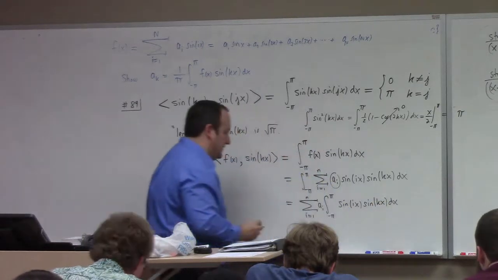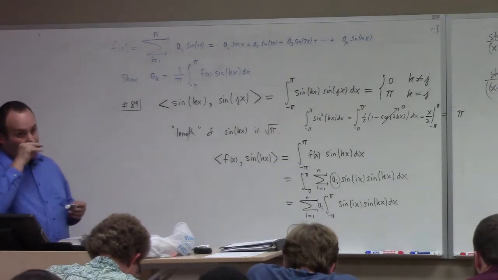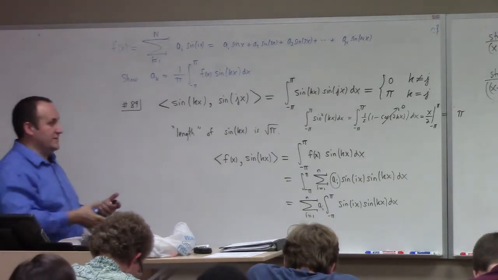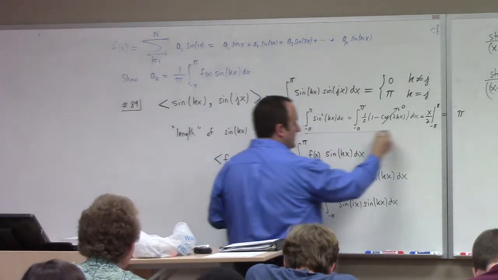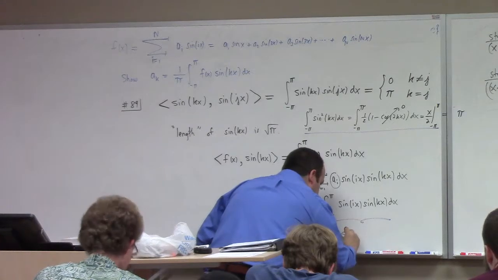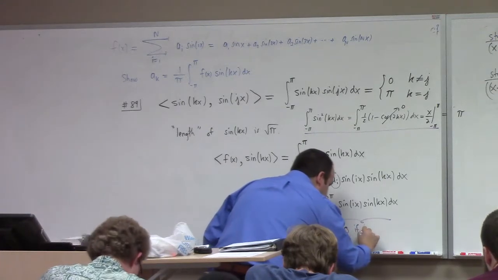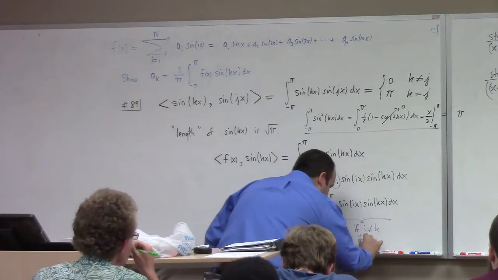But what did we just get done saying? We said that the integral of that product of sines, from problem 89 and also the little bit I just did for you for free right here, is 0 if i is not equal to k, and it's pi if i is equal to k.